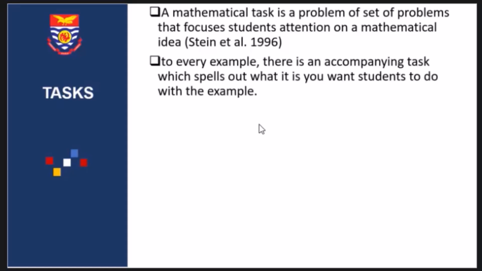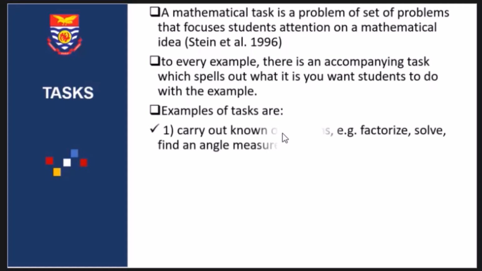You must know that to every example you give, there is an accompanying task which spells out what you want students to do with the example. So you give them the examples and accompany them with tasks that will spell out what you want the students to do with the example.